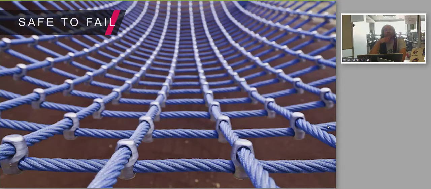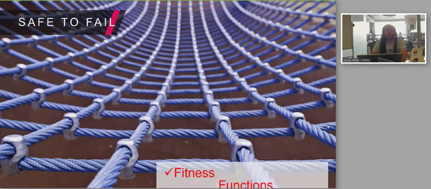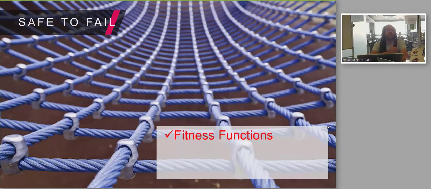In the book that we presented, the book from Neal Ford, these tests are called fitness functions. The goal of these fitness functions is to ensure that the system that you are building respects a given architectural characteristic. Let's take an example.